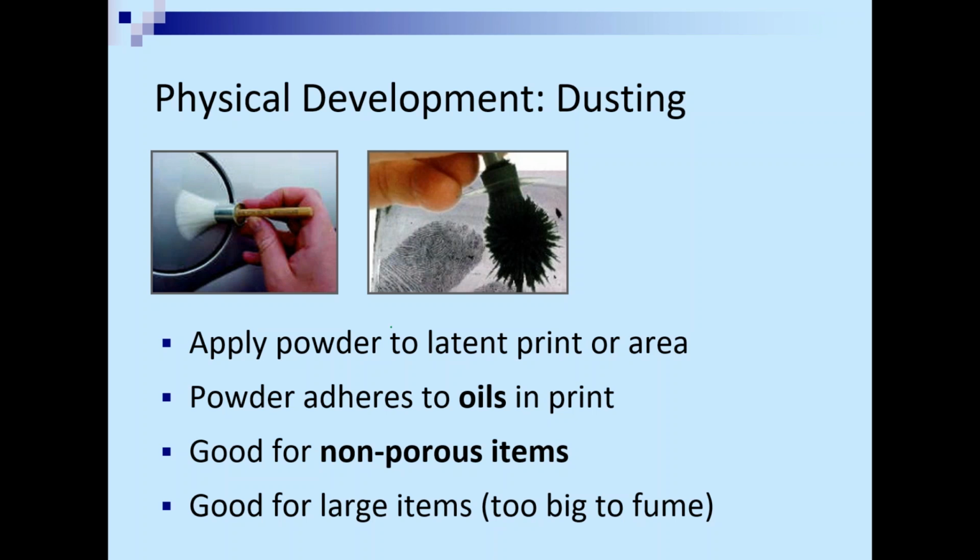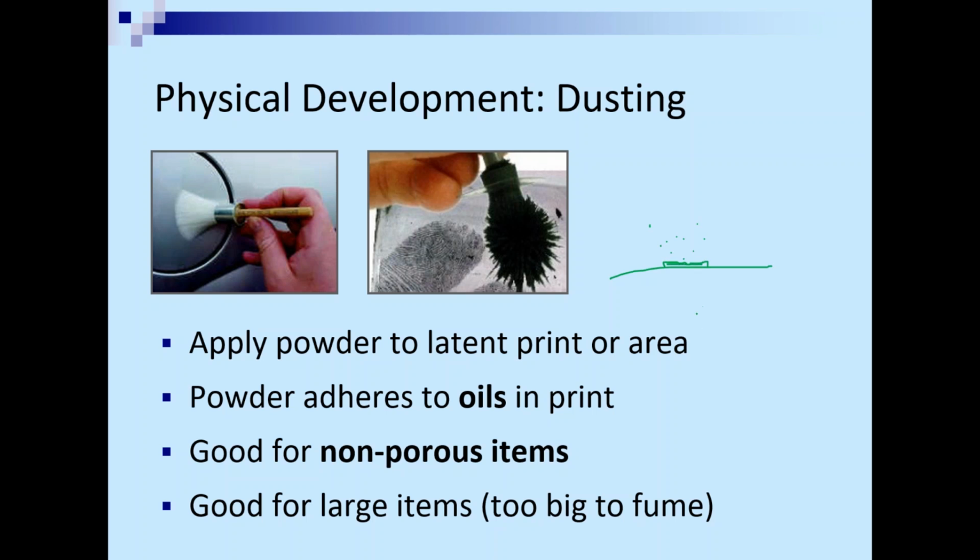This is good for non-porous items like glass or a smooth table or a whiteboard or the glass on a cell phone, because the fingerprint material, that sticky residue, sits on the surface. So when dust makes contact with it, it's very easy for it to stick to that oil residue on the surface.